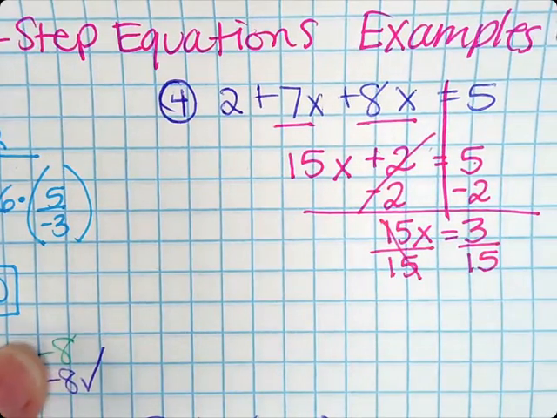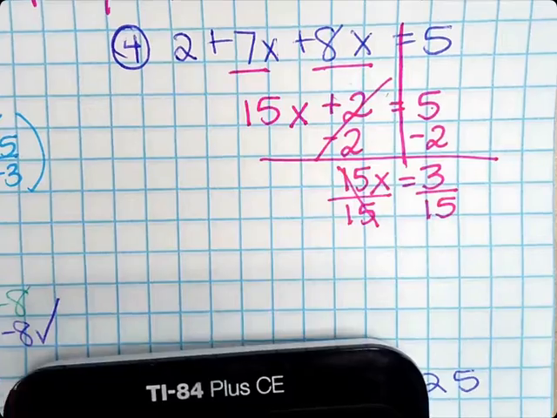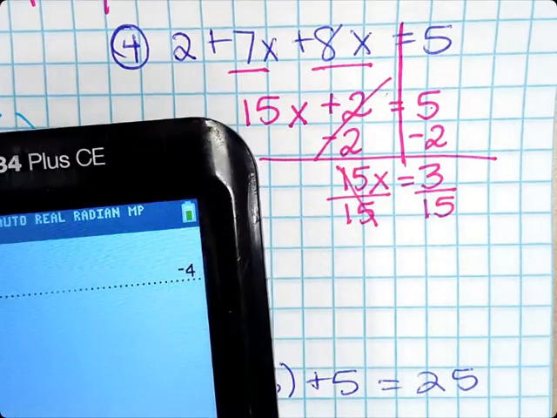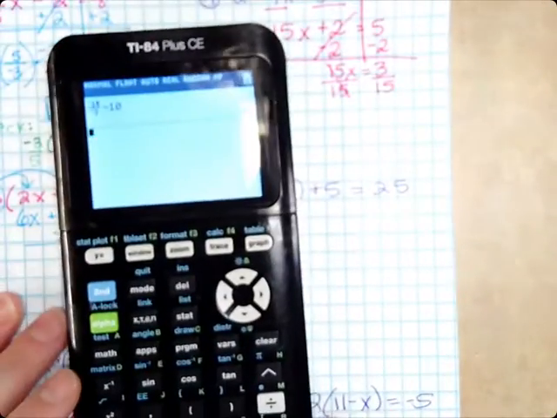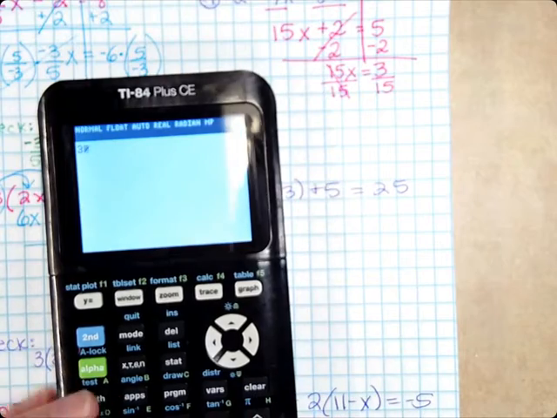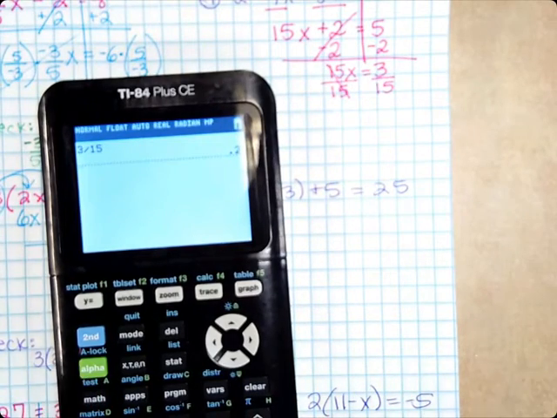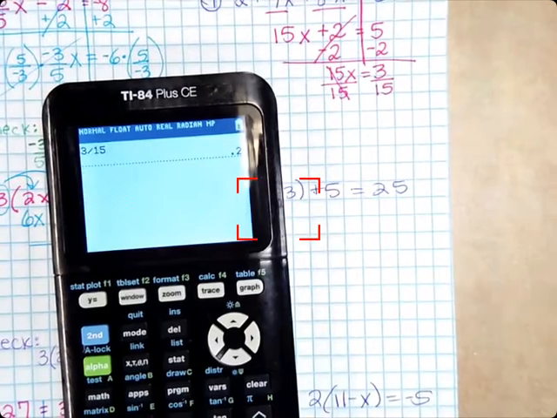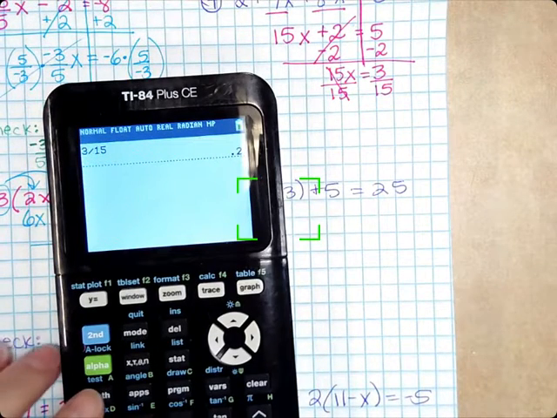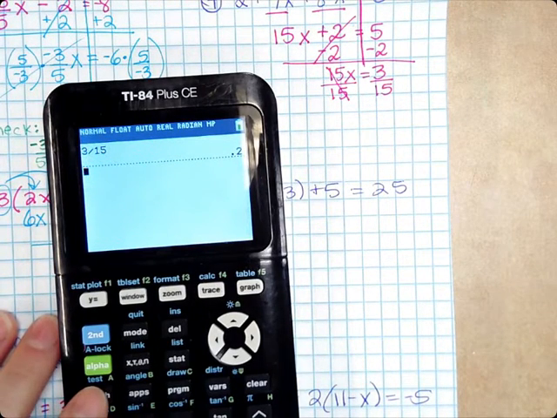So we have 3 divided by 15. It's 0.2. Or what if I want to keep it as a fraction? Yeah, 1/5. 1/5 is better.